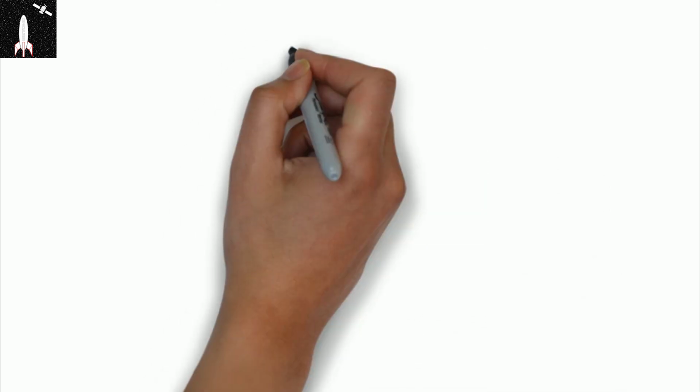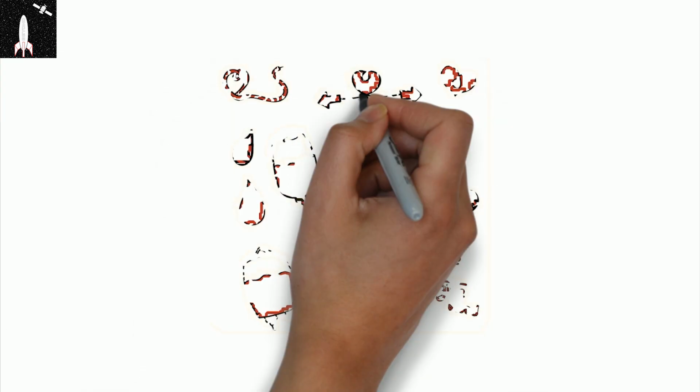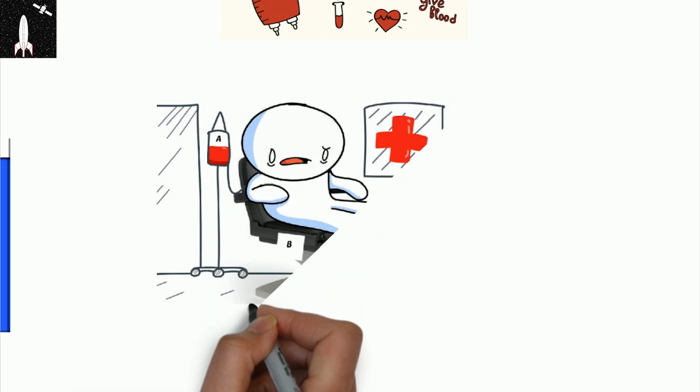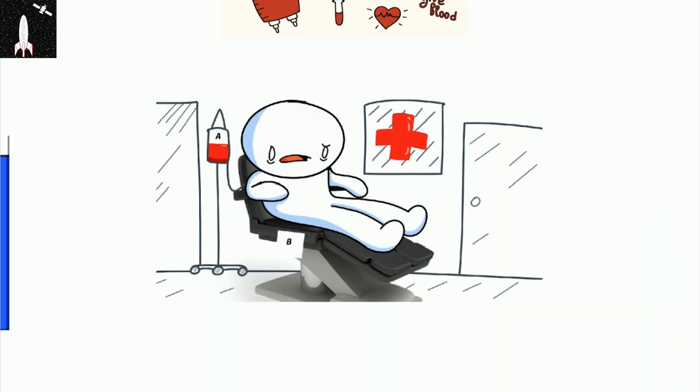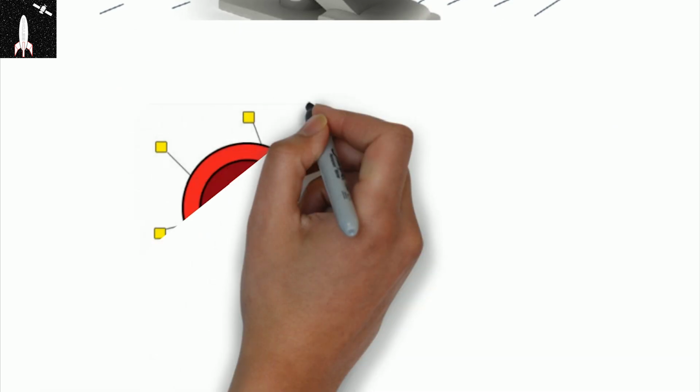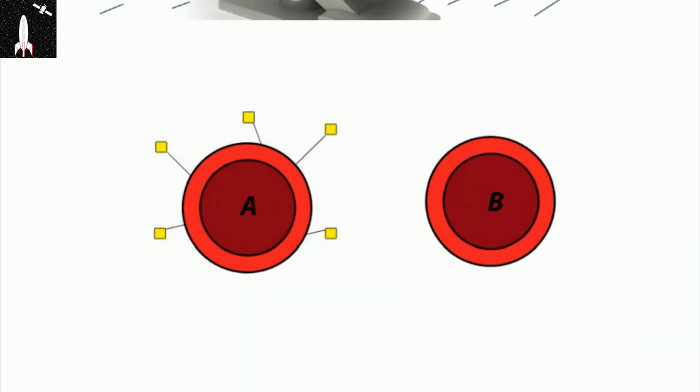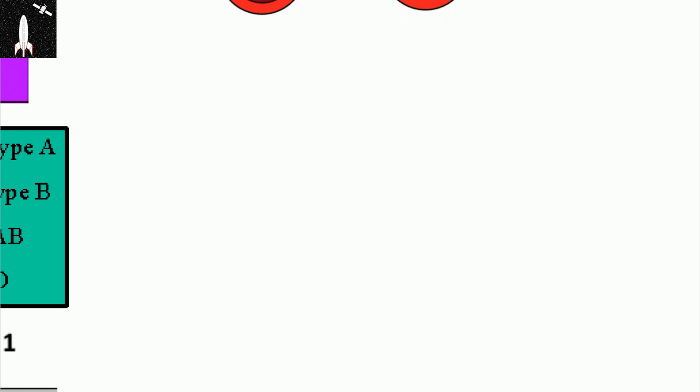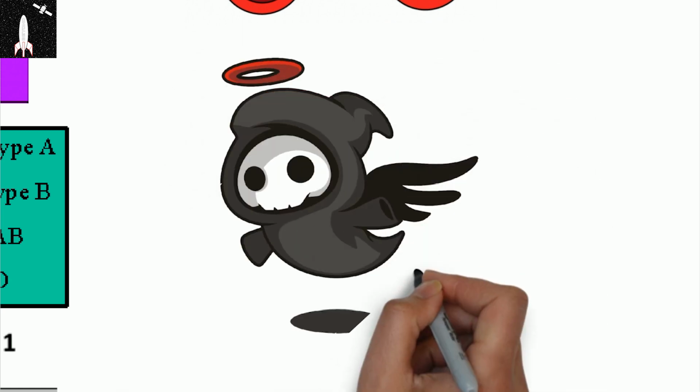After knowing all the possible types, why does the blood type matter? For blood transfusions, finding the correct one is a matter of life and death. If someone with type B blood is given type A blood, the antibodies will reject the foreign antigens and attack them. This causes the blood to clot, leading to death.